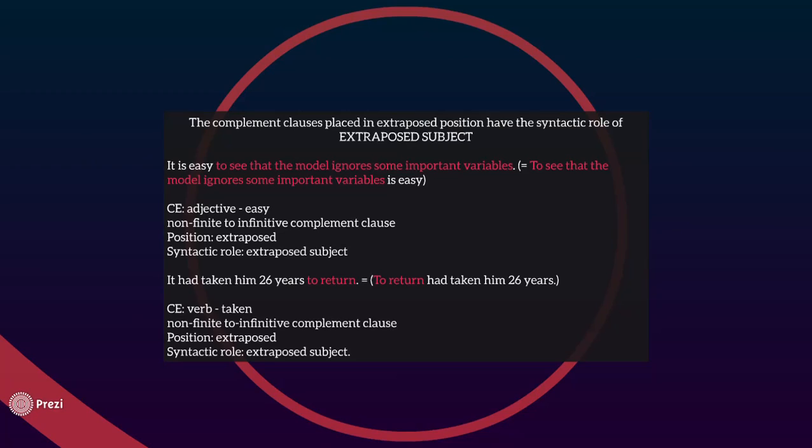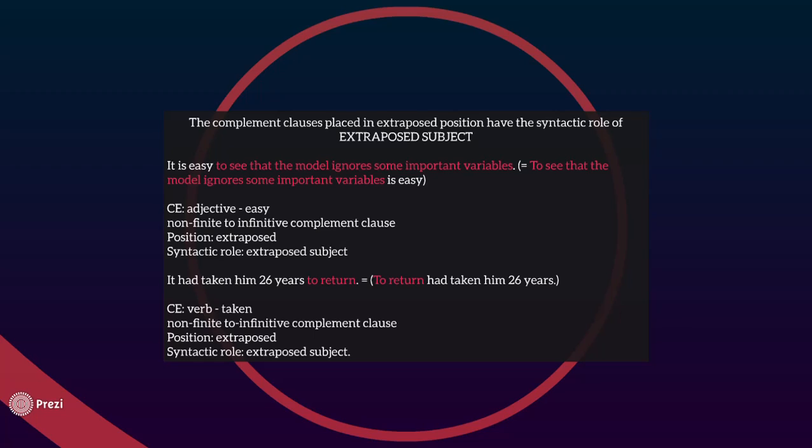Regarding the extrapost subject, all those complement clauses which are placed in the extrapost position have this syntactic role. In the first example, we can see how our controlling element easy is followed by a non-finite to infinitive clause in the extrapost position. Why do we say this? Remember that in cases where the dummy it fills the slot of the subject, we'll have an extrapost position.